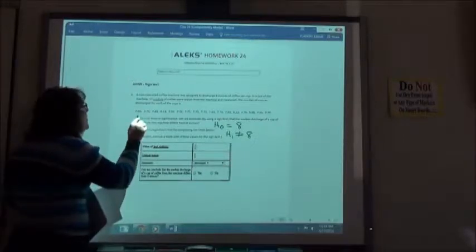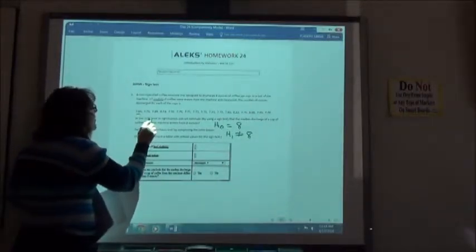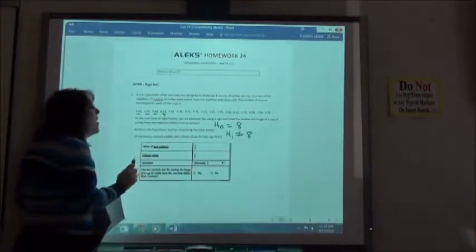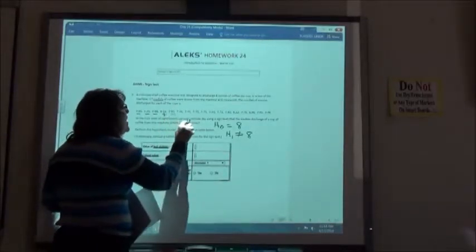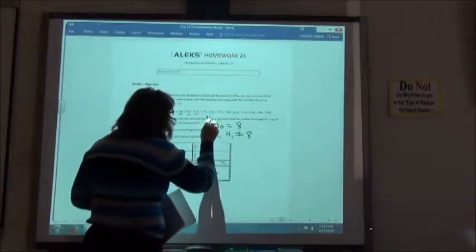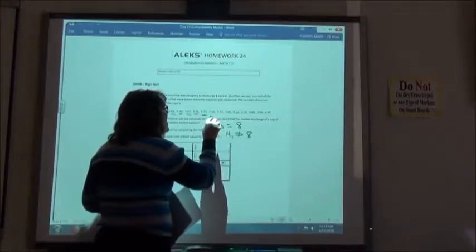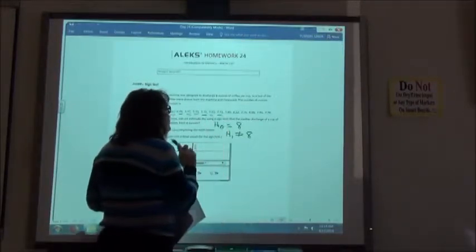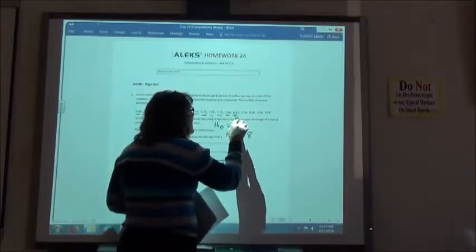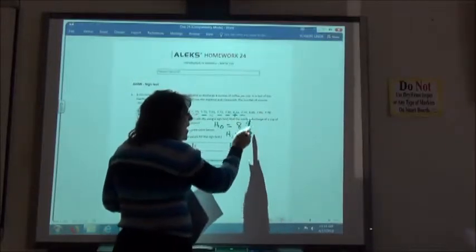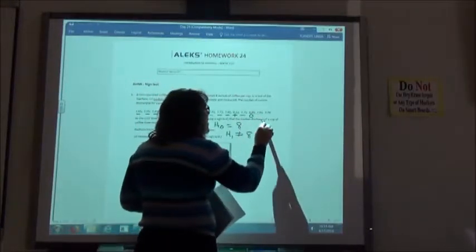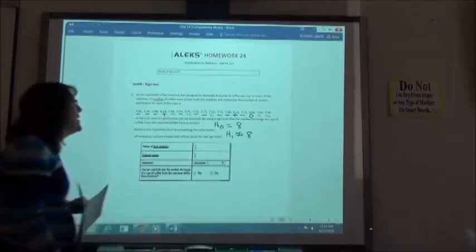So 7.65 is below, so it's going to be negative. 7.75 will be negative. 7.89 will be negative. 8.24 is above, so it's going to be positive. 7.92 is back to a negative. 7.73 is a negative. 7.72 is a negative. 7.73 is a negative. 7.75 is a negative. 7.93 is negative. 7.73 is negative. 7.80 is negative. 8.22 is a positive. 7.75 is a negative. 8.00 is exactly 8, so I'm going to give it a 0. 7.91 is a negative. 7.70 is a negative.